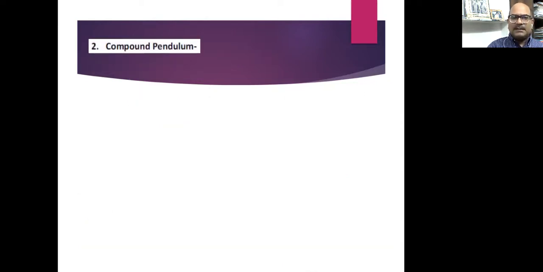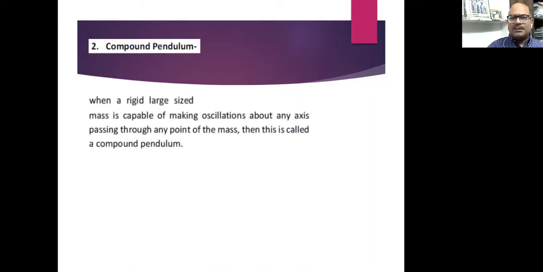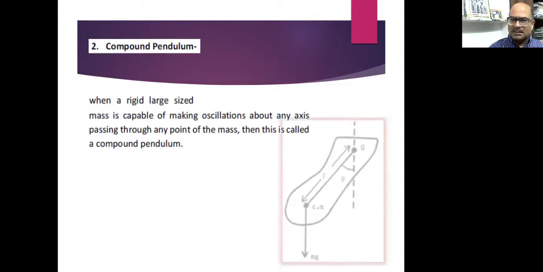The second example we can consider is the compound pendulum. The compound pendulum is a rigid mass capable of making oscillations, and it can rotate around any fixed axis passing through any point of its mass.